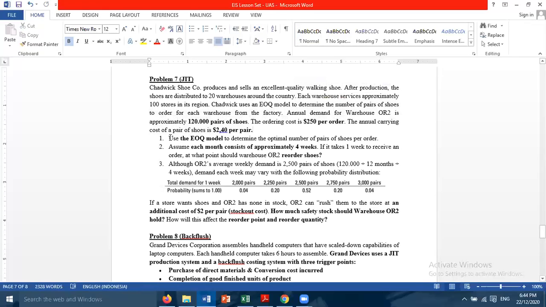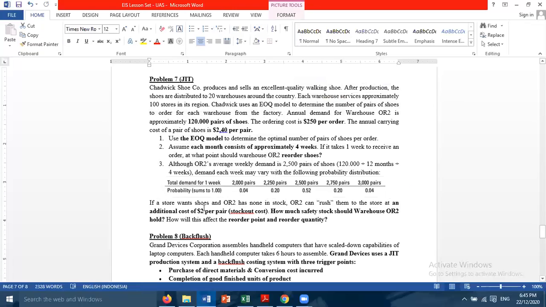The next questions are: 1, what is the EOQ model to determine the optimal number of pairs of shoes per order? 2, assume each month consists of approximately 4 weeks. If it takes 1 week to receive an order, at what point should warehouse OR2 reorder shoes? 3, although OR2's average weekly demand is 2,500 pairs of shoes, demand each week may vary with the following probability distribution.